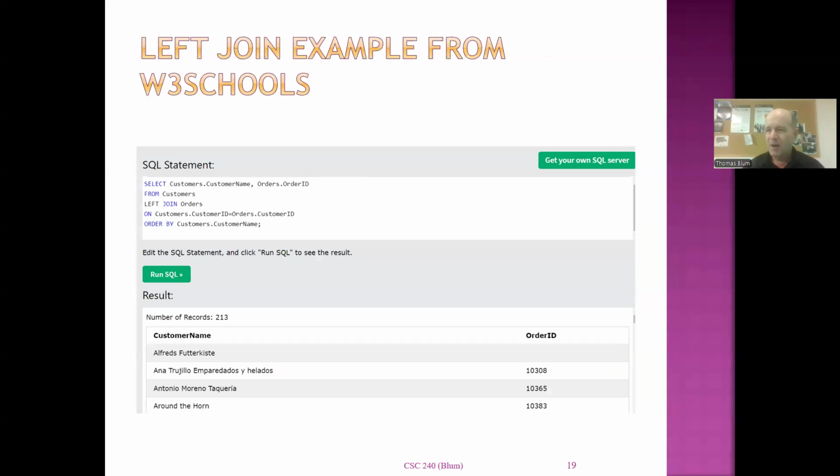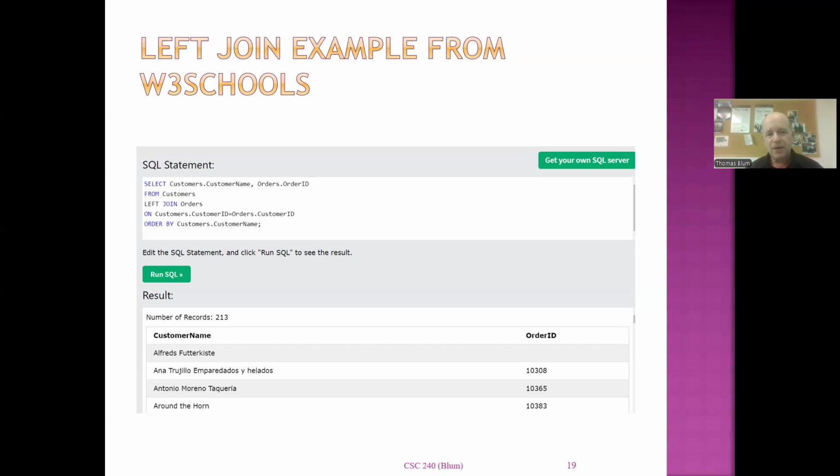Now I hopped over to W3Schools, and they're working with a Northwind database, which is a fairly standard database for learning on. Here's their example of a left join. There was a customer table and orders from customers left join. This is what we were just looking at in my little database with Betty Rubble in it.